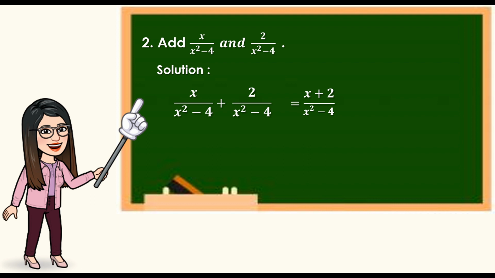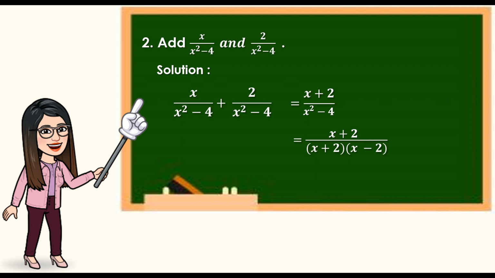As you can see, in our denominator, you can still factor, x squared minus 4 is factorable. So let's try factoring x squared minus 4. Rewriting the numerator, we have x plus 2, and the factors for x squared minus 4 are the quantity of x plus 2 times the quantity of x minus 2.